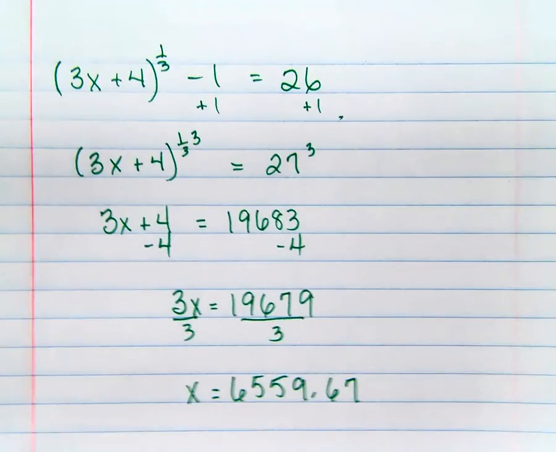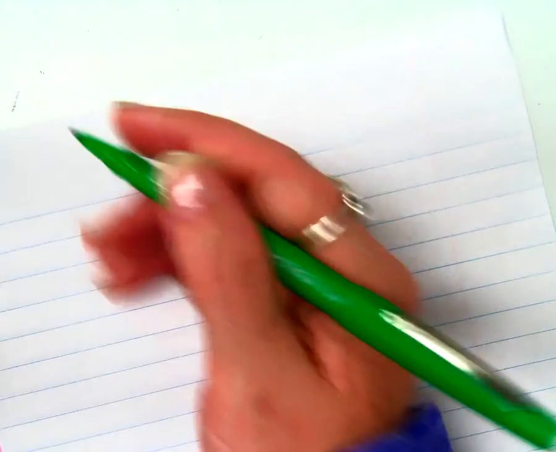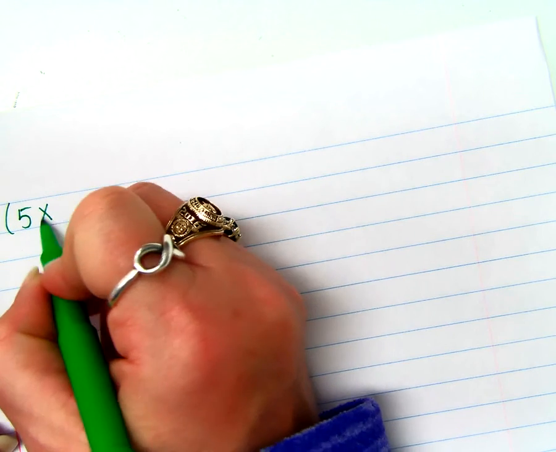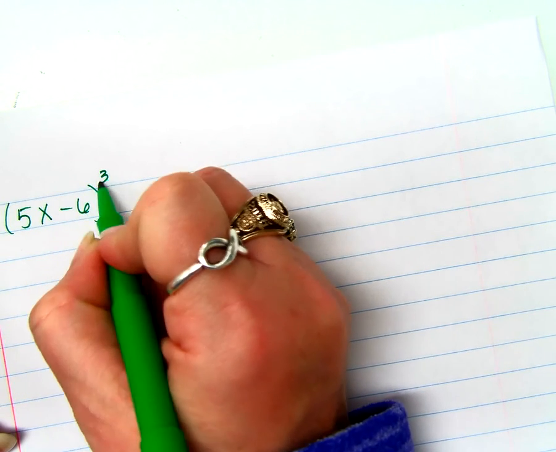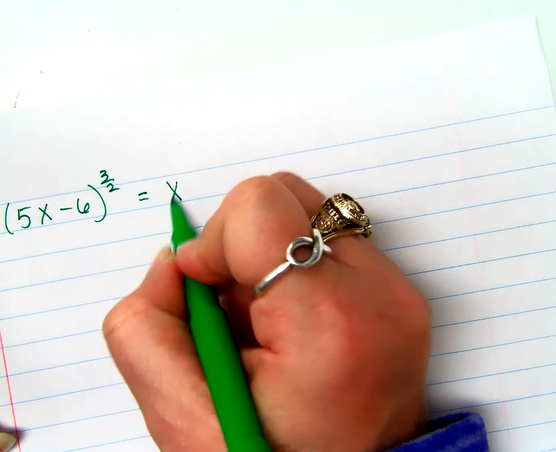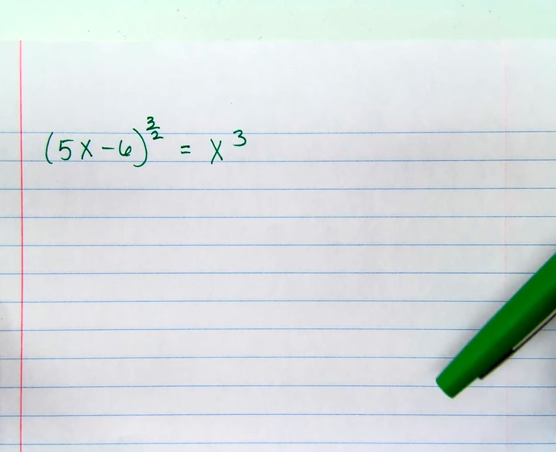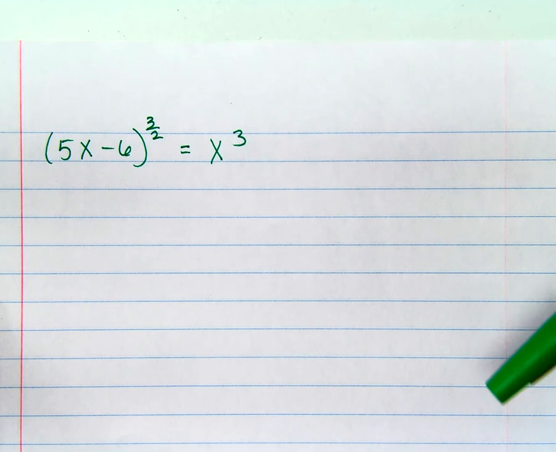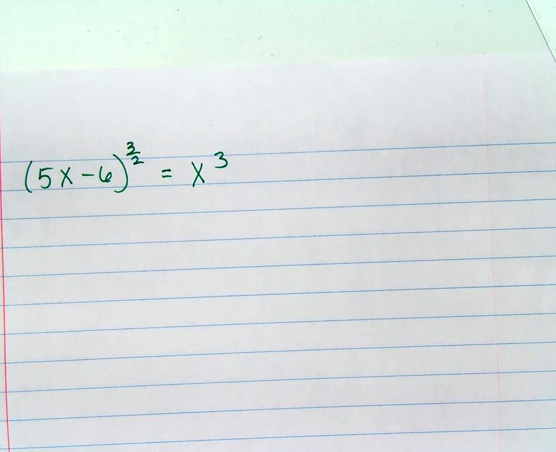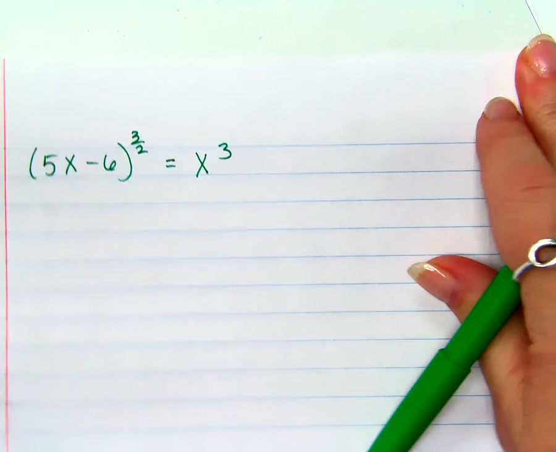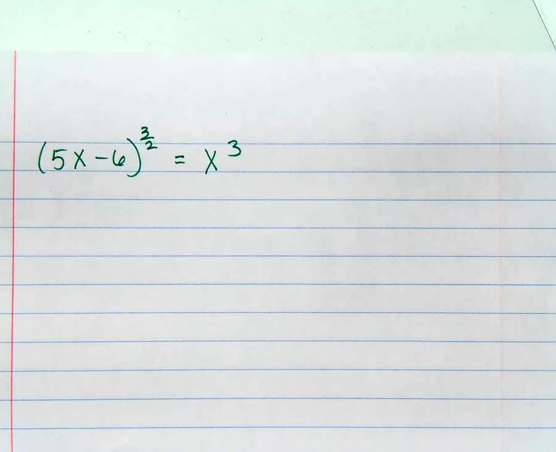All right. Let's try this one. (5x minus 6) to the 3/2 power equals x to the 3rd. Why do you think I'm doing this example for you? Yeah, the exponent. It's not something that we've done in a while. We've done it before. We just haven't done it in a while. So that's also another reason to freak out.